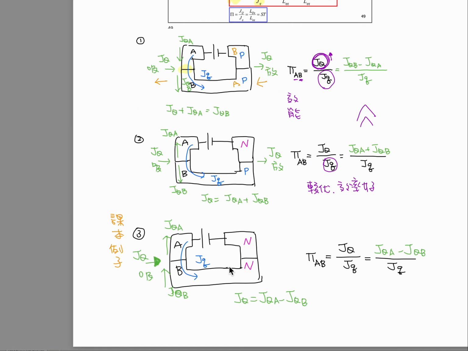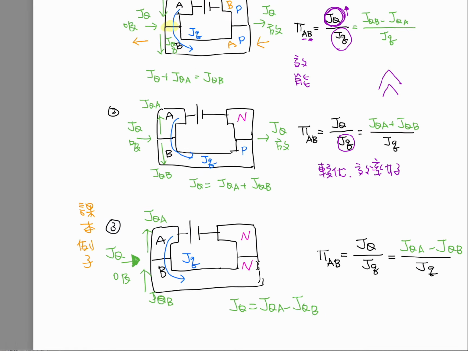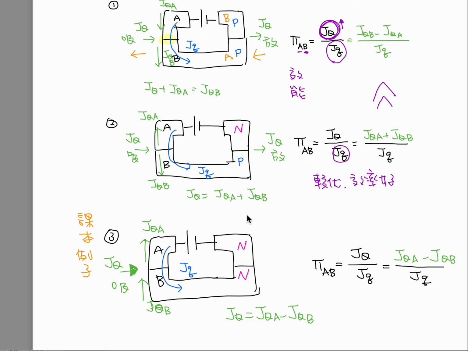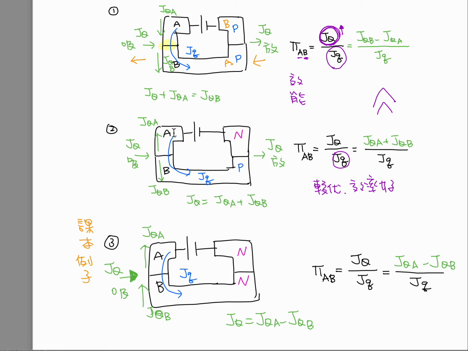As I show you in our PPT slide, when A and B materials are both N type, the Peltier coefficient is expressed like this, JQA minus JQB. And as I mentioned, if you change material A or material B to a p-type material, then the difference is that the direction of heat flux JQB will be downward.